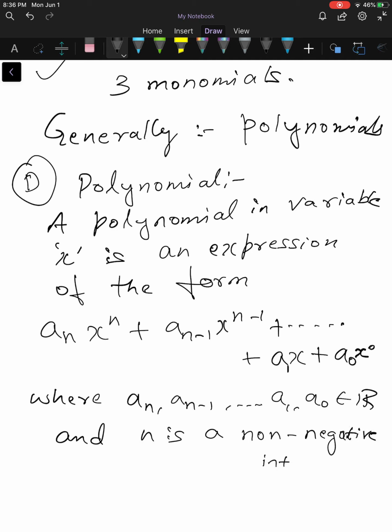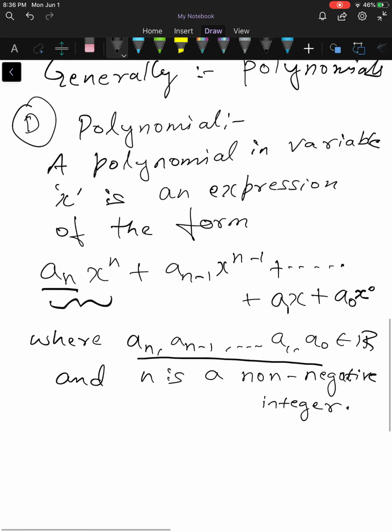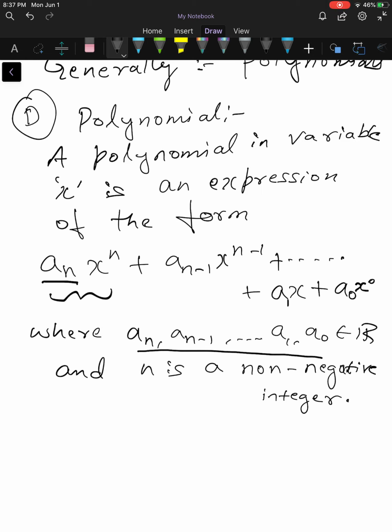So n can be 0, correct? And because all a_i's are real numbers, a_n can also be 0. That means this term can totally vanish. So in that case, you need to be careful while defining degree. So I am defining degree here, that is, the degree of a polynomial.